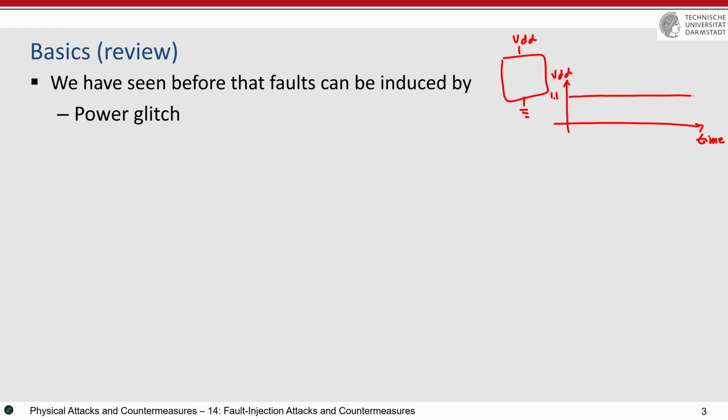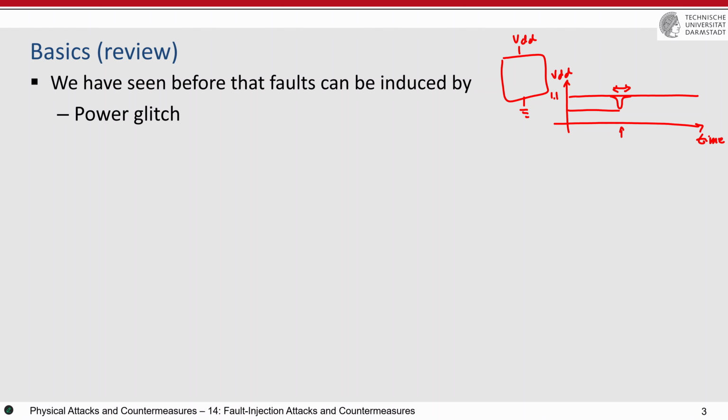This should be the voltage of the crypto device, and then for one particular time, for example here, you reduce the power somehow up to a certain level and for a particular duration. And then you play with these parameters, how much it decreased and how long the glitch is. Then you may reach exactly what you want.